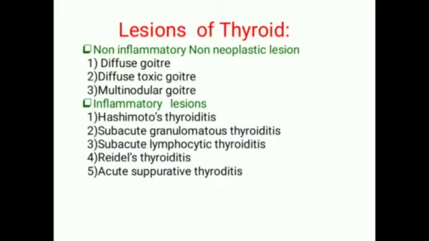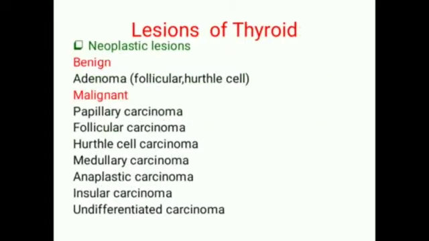And if it is an inflammatory lesion, then it is Hashimoto's thyroiditis, also called autoimmune, subacute granulomatous thyroiditis, subacute lymphocytic thyroiditis, Riedel's thyroiditis and acute suppurative thyroiditis. The acute suppurative thyroiditis is mostly because of a bacterial or any such infection.